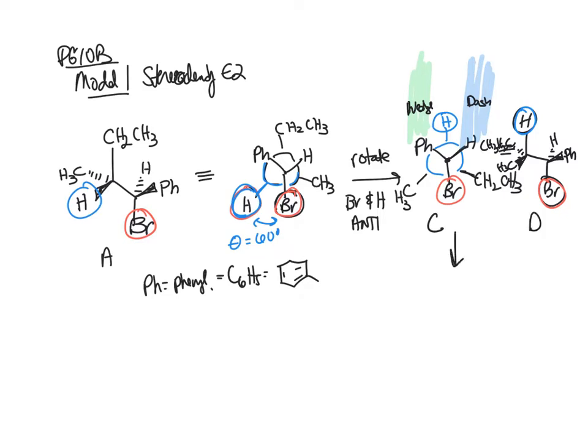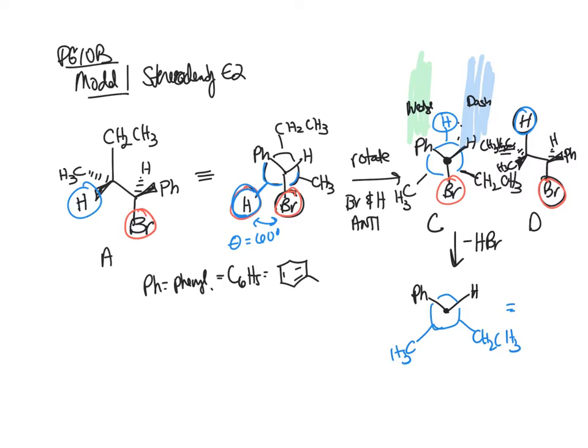Okay, so now this is the 180. So your dihedral angle now is 180 between the hydrogen and bromine. So if we lose the HBr, then what does this look like? See how the phenyl and the hydrogen on that first carbon, and then on the back carbon, we've got CH3, CH2CH3.